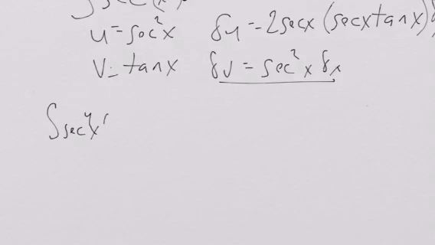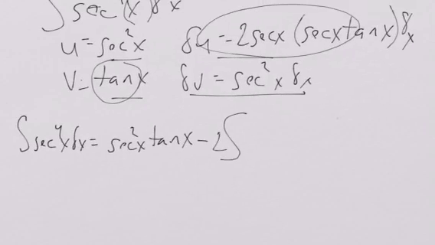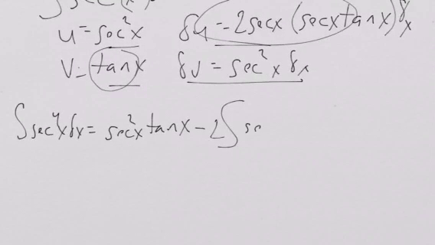Secant to the 4th x dx is equal to, so we have uv minus the integral of v du. So maybe we could take the 2 out, and we could say what I really have here is secant squared x tangent squared x. I believe tangent squared x, that is something that we could manipulate.